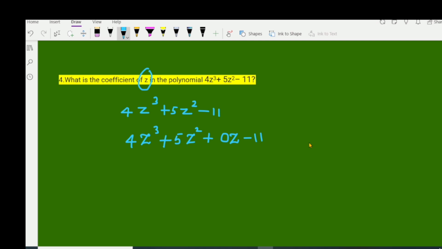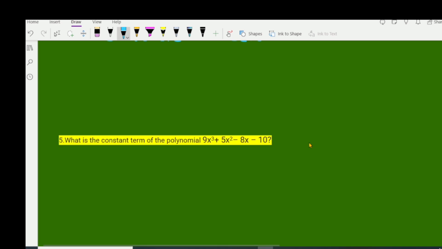Whenever the coefficient is 0, the number multiplied with the variable becomes 0, the term becomes 0. 0 into z is 0, so we are not writing z there. So whenever the term is not there, we cannot say there is no coefficient of z. The coefficient is there, and that coefficient is 0. Coefficient of z is 0.